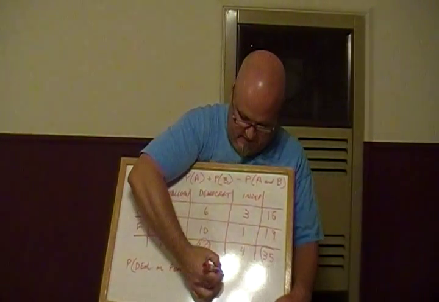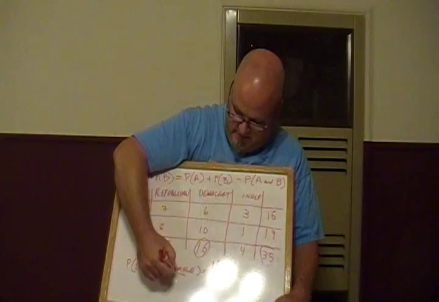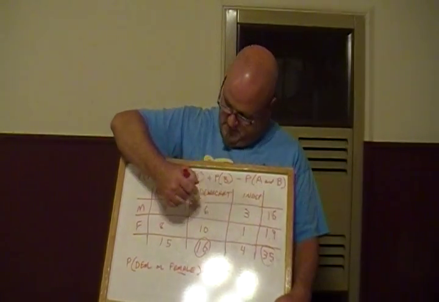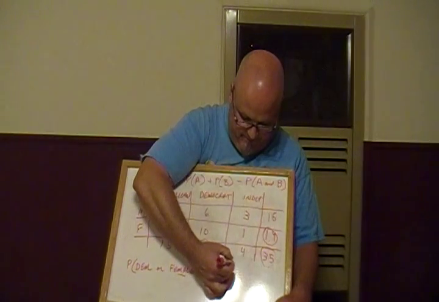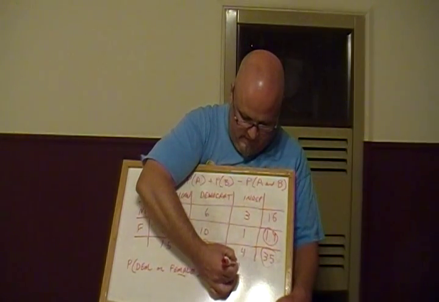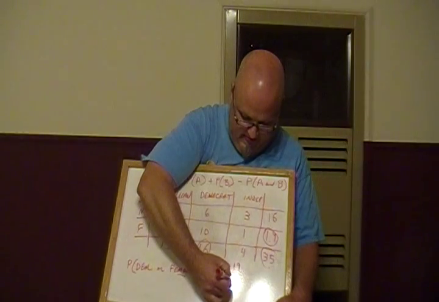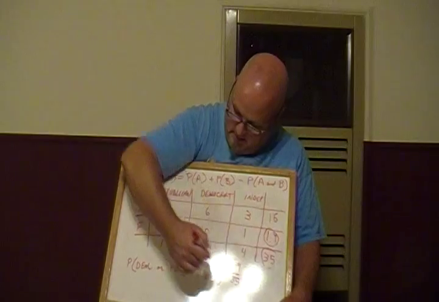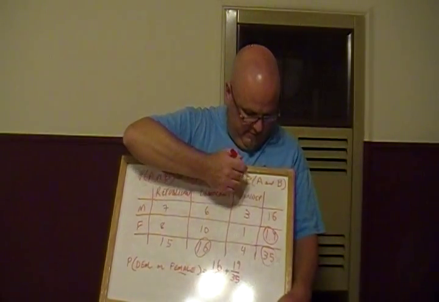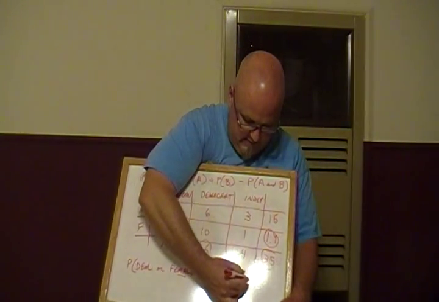Plus the probability of B, which in this problem is the probability of being a female. Where's our female row here? Females, 19 female.